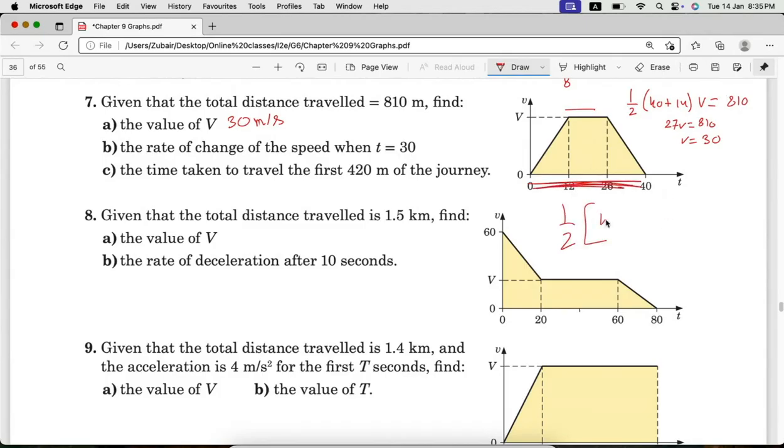This side is 40. And this parallel side, from 12 to 26, is 14. And the height is unknown, V. And total distance is already given, 810. Okay, okay, sir.